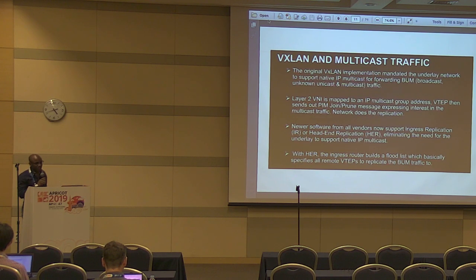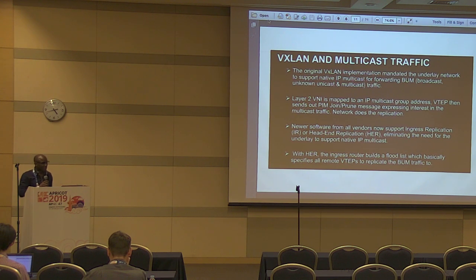And basically, that is needed to forward multicast traffic within the vanilla Vxlan environment. The way that is achieved today is the layer 2 VNI is mapped to an IP multicast group. The VTEP then sends out the PIM join message expressing interest, and that's how you build your RPT tree.